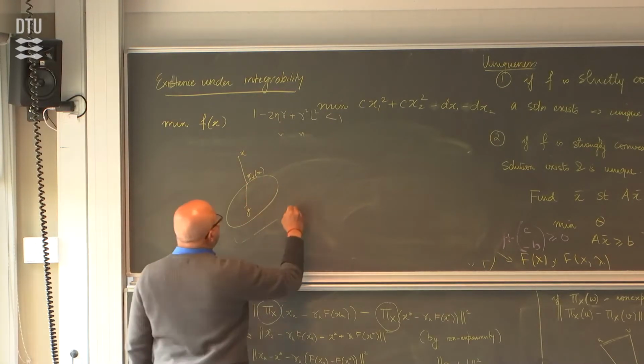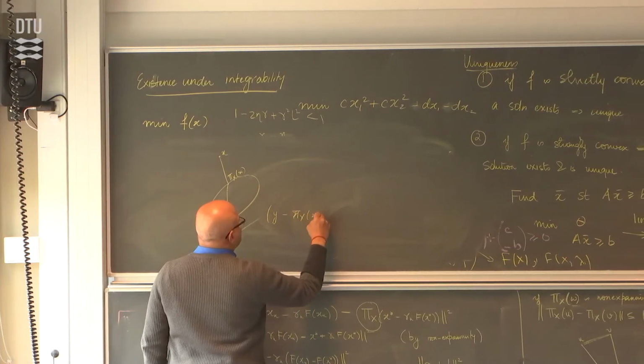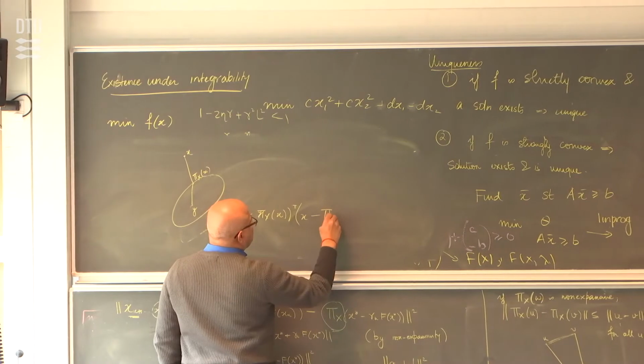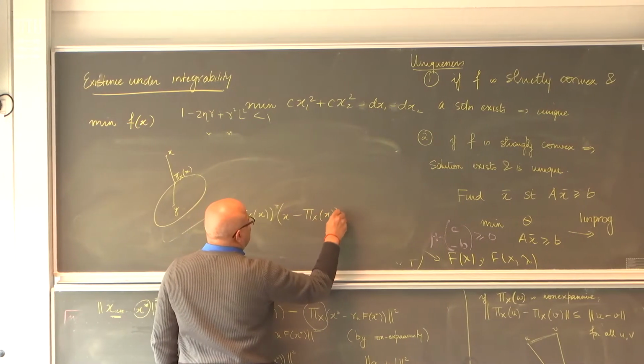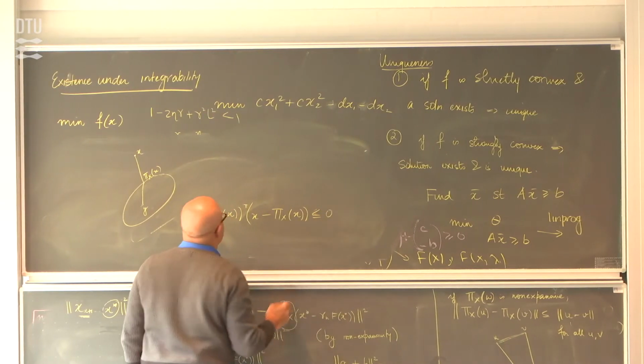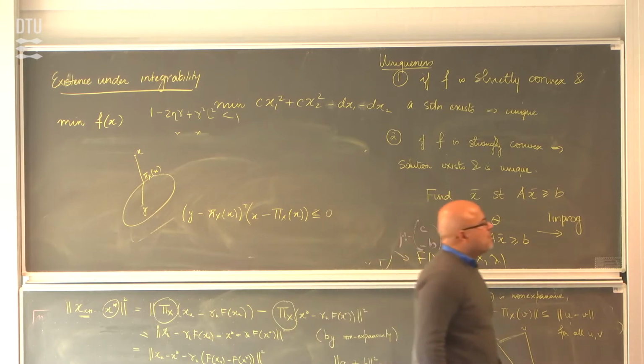What do we know? We know y minus projection of x transpose x minus projection of x is less than or equal to 0. The angle is obtuse. Okay? And that's exactly what I have here. Okay?